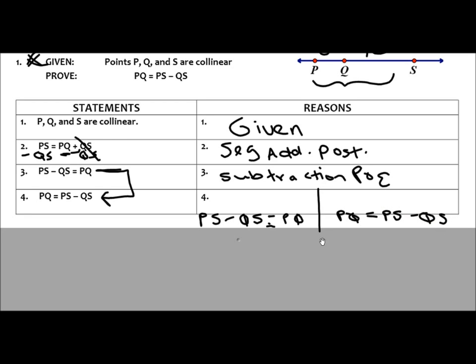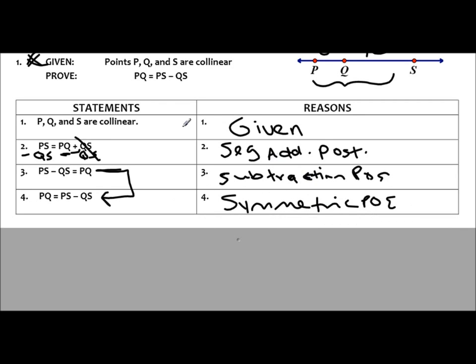If you fold down the middle here, this would fall on top of this, and this would fall on top of this. They've just flipped our sentence around. So that's the symmetric property. And we just have to check to make sure that PQ does in fact equal PS minus QS.